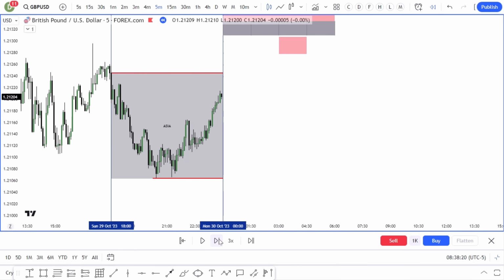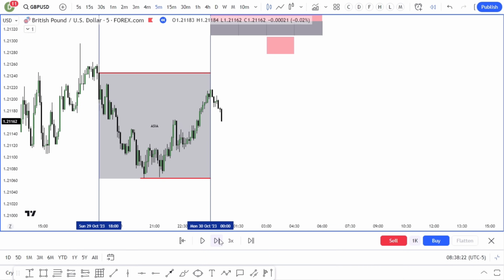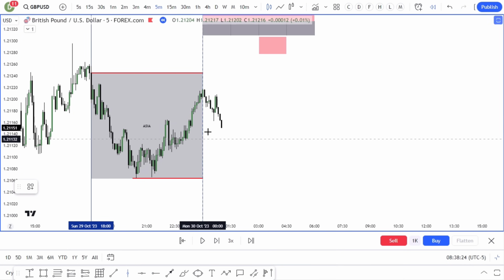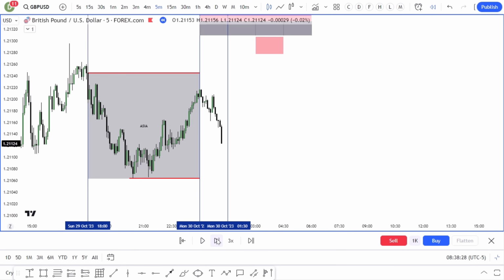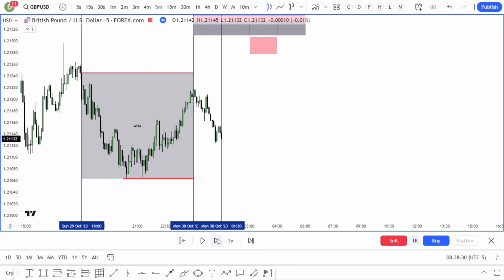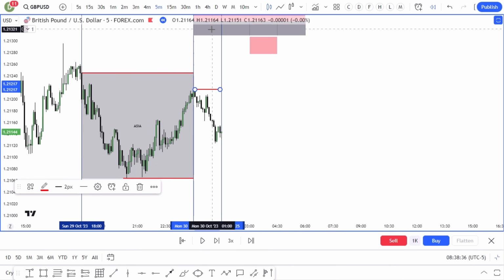Let's just see how price behaves. Let me add this right here, right? Okay, here we go. Right now we have this high right here, which is a Q1 high. So if I was to go short, I would want to see price sweep this high and then sweep that high within the second quarter range.